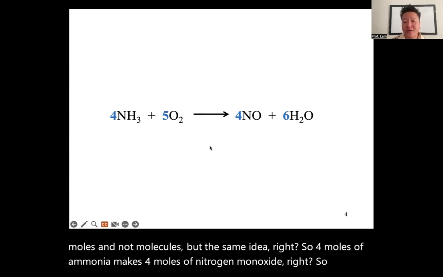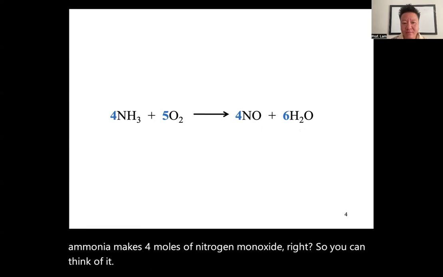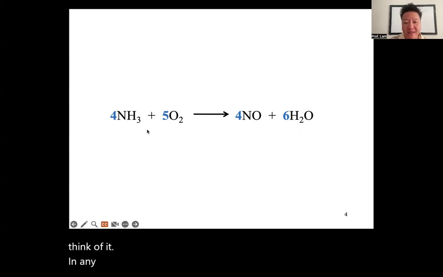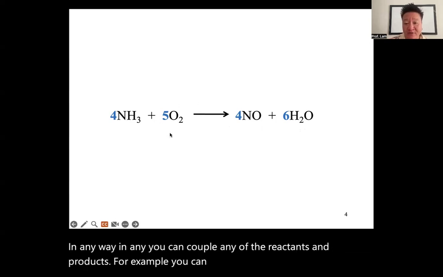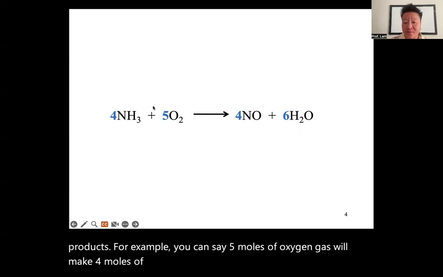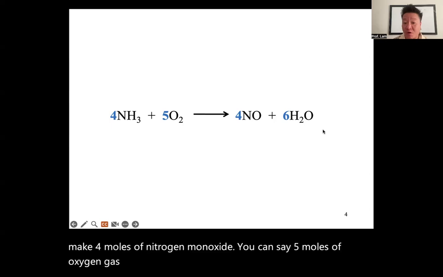So you can couple any of the reactants and products. For example, you can say 5 moles of oxygen gas will make 4 moles of nitrogen monoxide. You can say 5 moles of oxygen gas will make 6 moles of water, right?